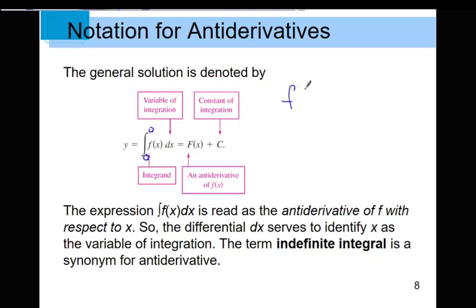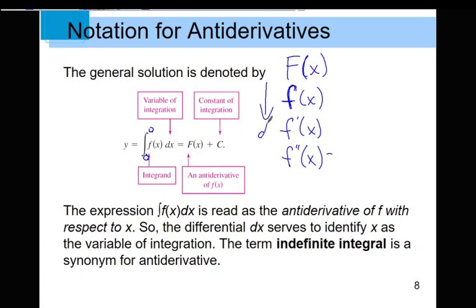Just like if you have f of x, the derivative is f prime of x, and the derivative of that is f double prime of x, we now have the antiderivative of f. Going this way is taking the derivative, and going this way is taking the integral.